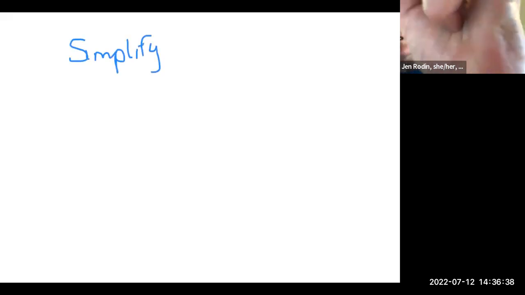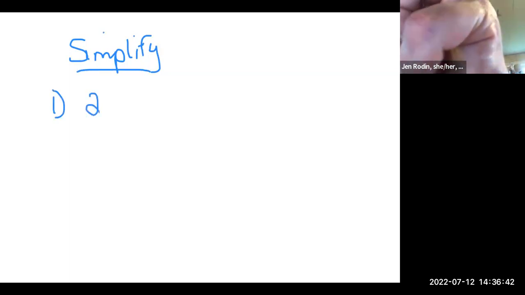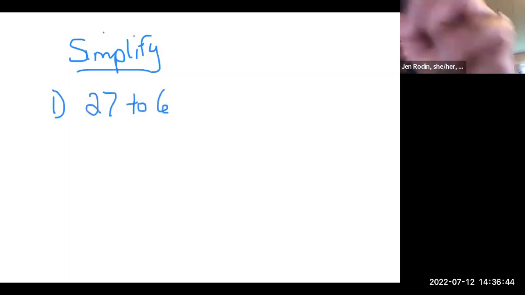So we could practice some of these. They'll just say simplify the ratio. And some of these are easy and some are not. So let's say we had 27 to 63.